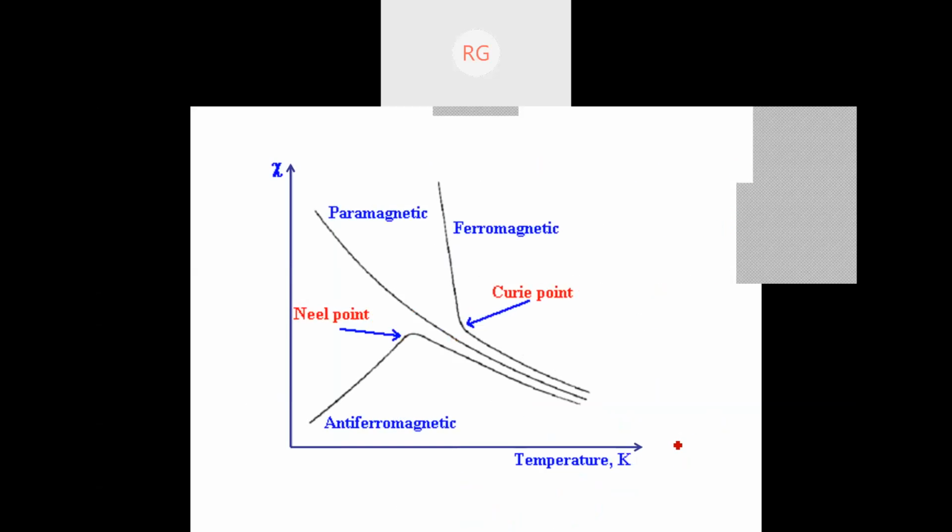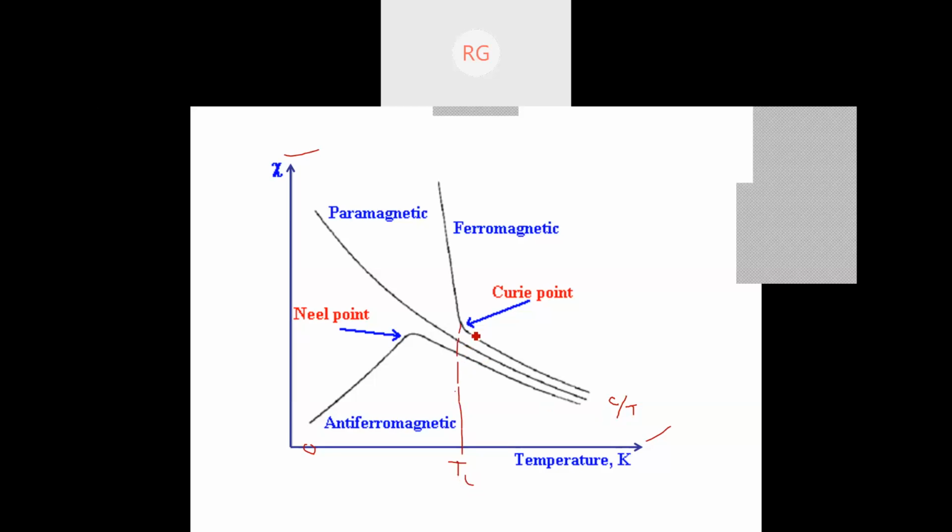So this is the general variation of chi with temperature K. For paramagnetic materials, at low temperatures the chi value is very low, and as the temperature increases, chi goes on like this with the property C by T. Whereas in the case of ferromagnetic materials, there is a Curie point, which we call Tc.